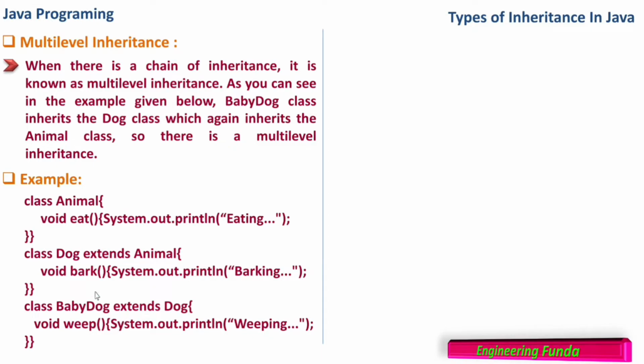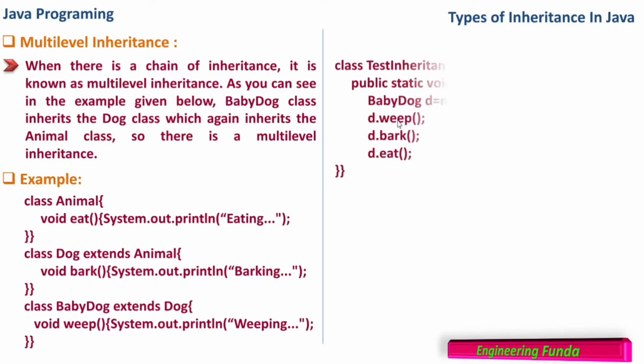But since dog class extends animal class, eat is available in dog also. So now dog has two methods, eat and bark, and baby dog extends dog. So these two methods eat and bark will be available in baby dog along with the method weep.